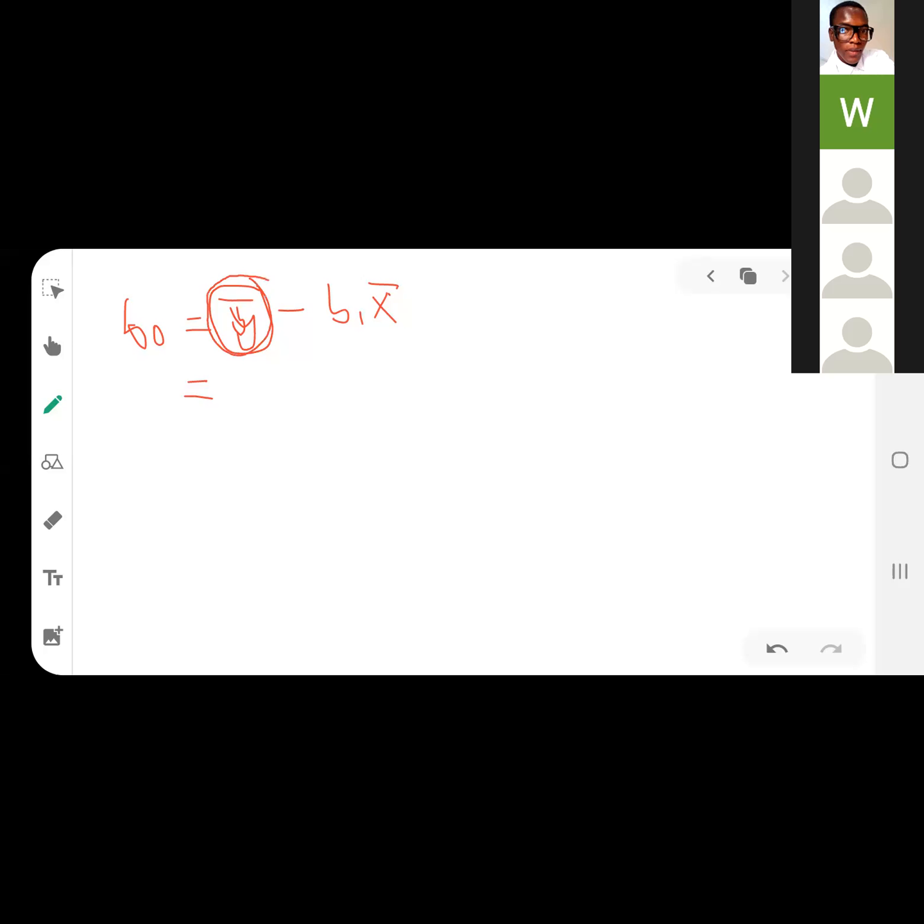Amongst those options, you will have the Y bar, you will also have the X bar. What is your Y bar? I see 167 as the answer.